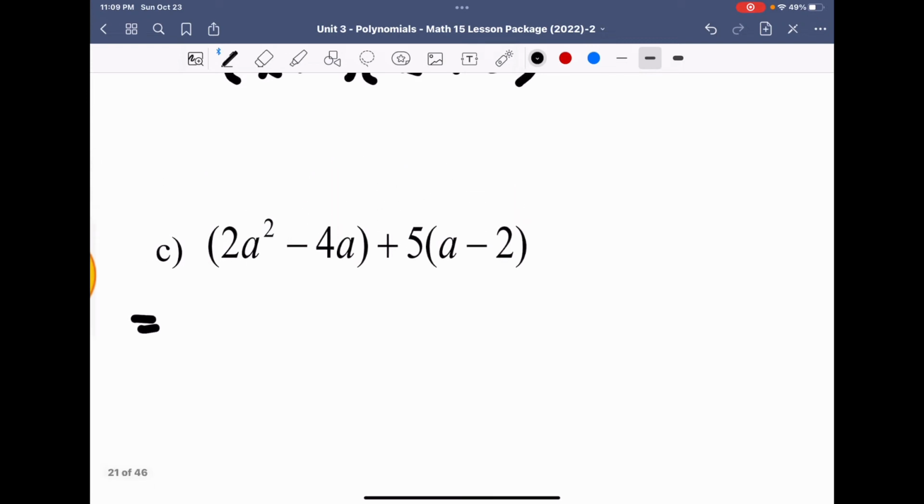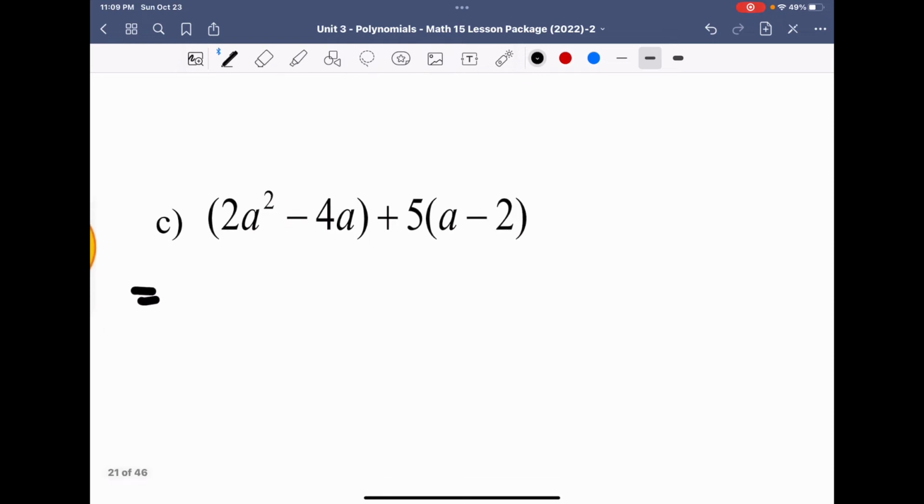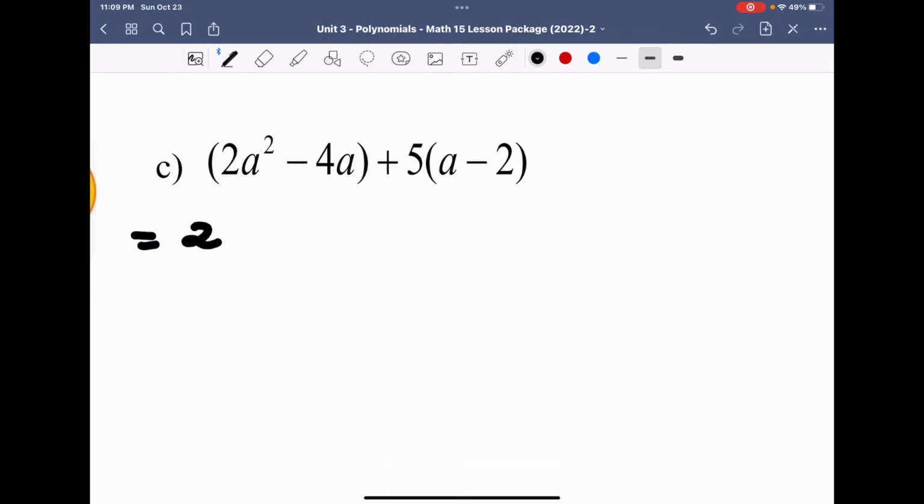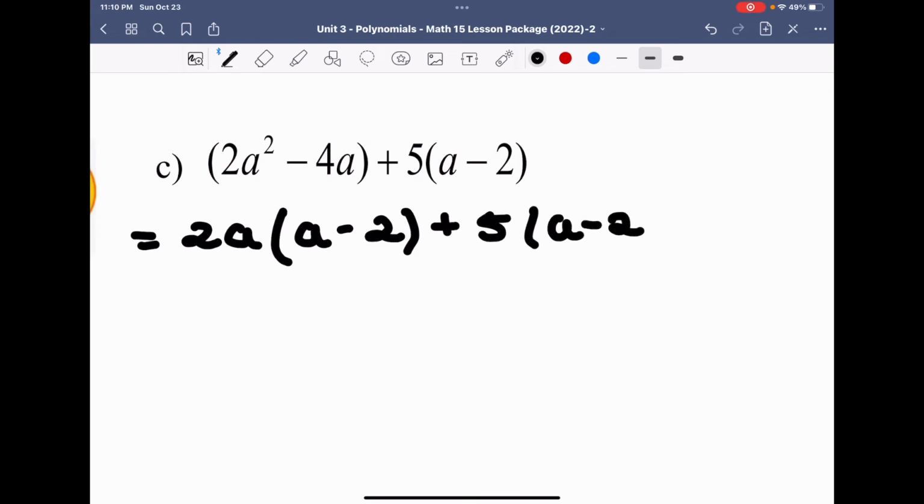What can I divide out from both 2a squared and 4a? Well, I can take out a 2, and I can take out an a, leaving me with a minus 2. Because we know 2a squared divided by 2a will leave me with an a, and negative 4a divided by 2a will give me just negative 2. This is plus 5a minus 2.